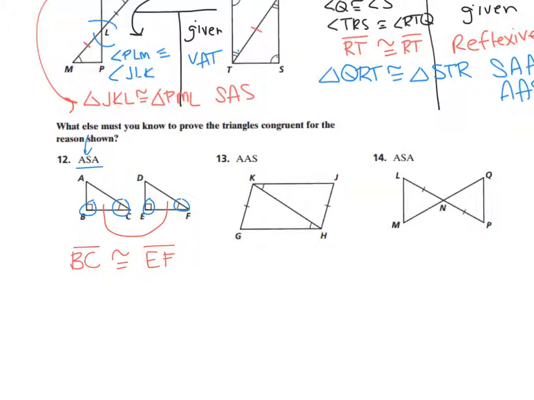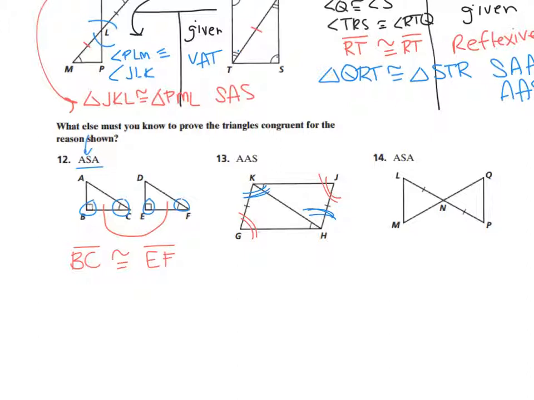And the number 13, we need an angle, angle, side. So you can go two ways. I could have to know that these two angles are congruent, because that would be angle, angle, side. Or I have to know that these two angles are congruent, because that would still give me angle, angle, side going the other way.